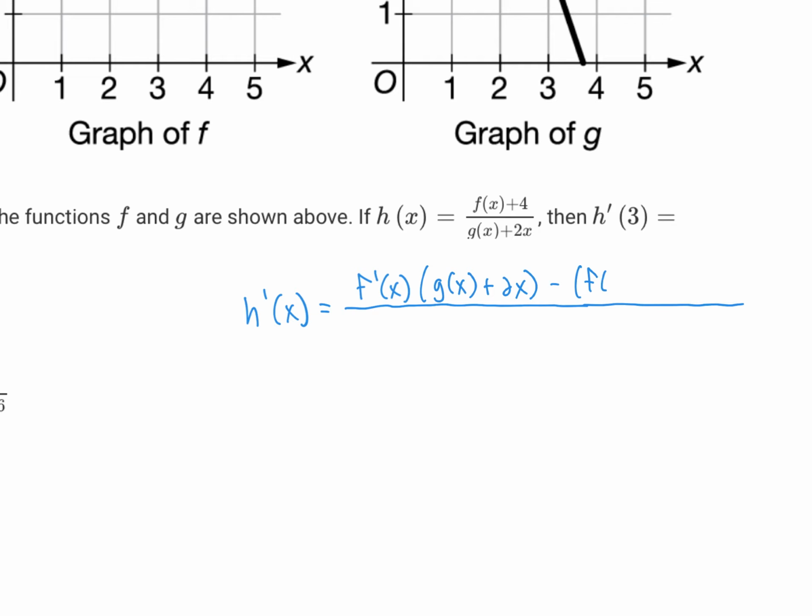Now we'll rewrite the top, and the derivative of the bottom: the derivative of g is g prime, and the derivative of 2x is just 2. So this is g prime of x plus 2. And then this is just the original denominator squared. Now we'll plug in 3 everywhere we see x.